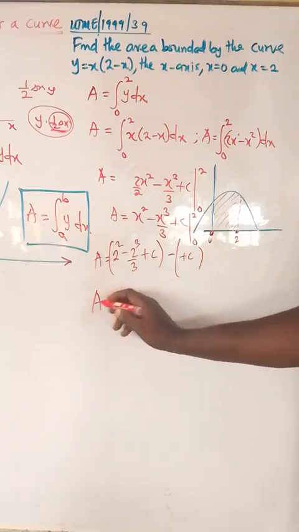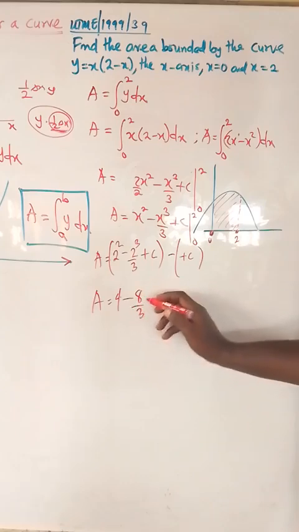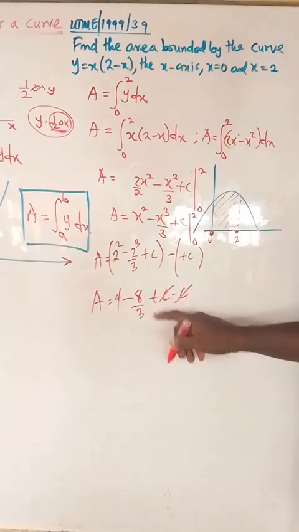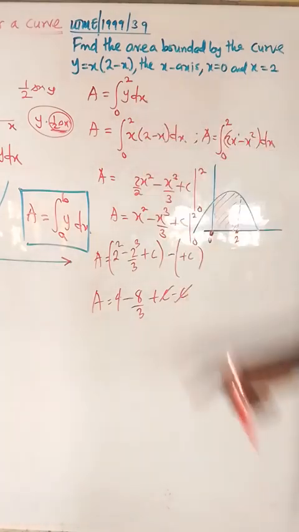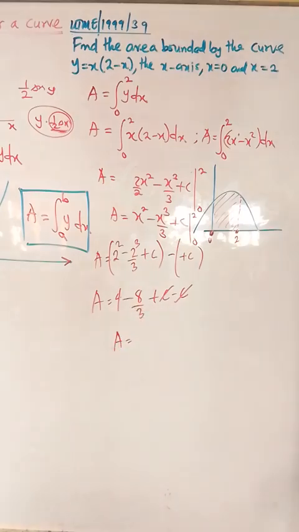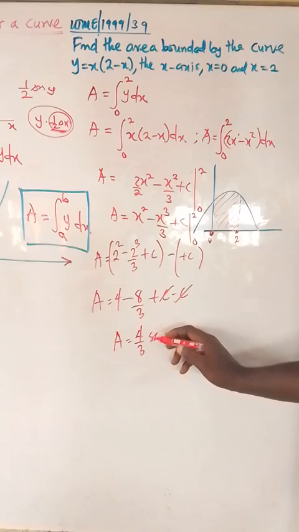So at the end, the area becomes 4 minus 8 over 3 plus c minus c. So that's why I said you don't need to put c, it always cancels. Whenever you are given the boundary after integrating, you don't need to put c, it always cancels. So the area becomes 12 minus 8, that is 4 over 3 square units.